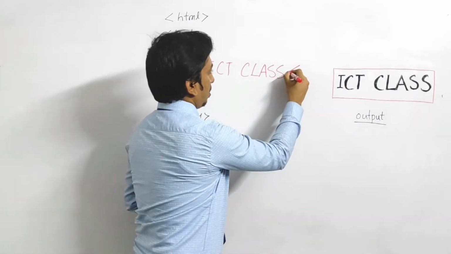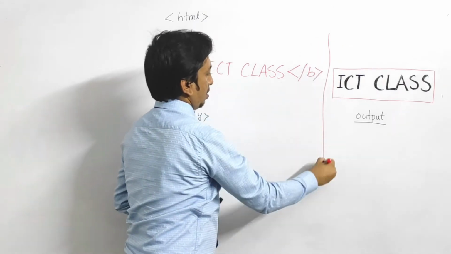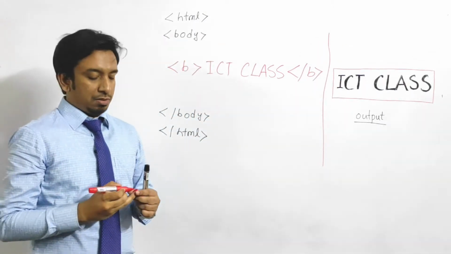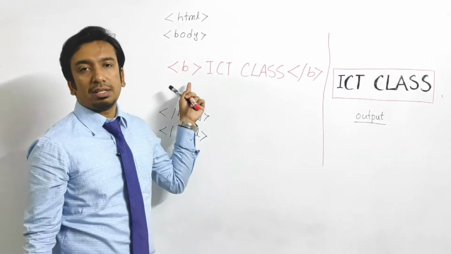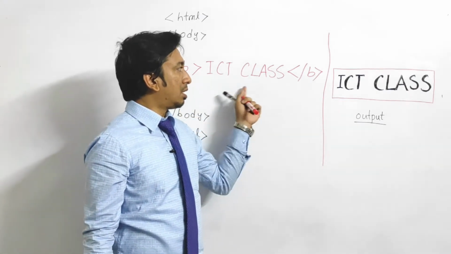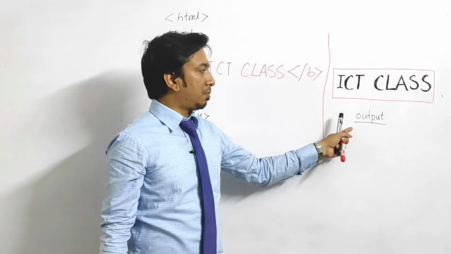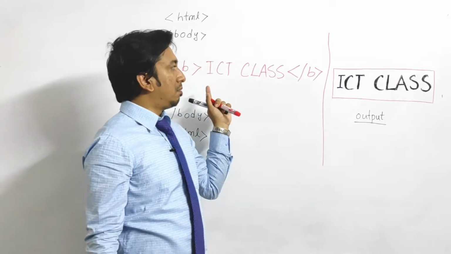So you write like this. Starting with the B tag, then the text, and then the closing tag. From the question, we have to show this output. That's why I wrote here ICT class.